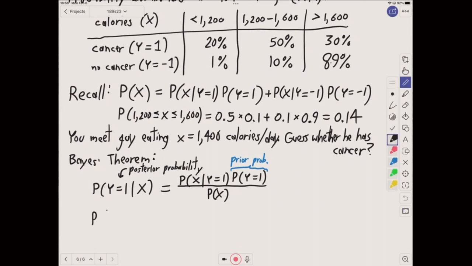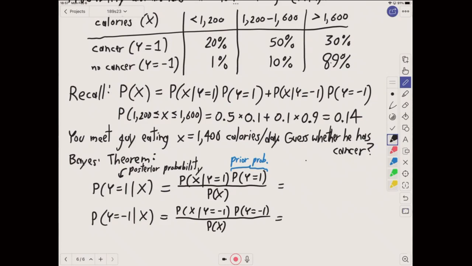So the probability that I don't have cancer, given a certain calorie intake, also a posterior probability, is computed the same way, except that I replace all the y equals 1s with y equals minus 1. And notice that both denominators are the same. That'll be important later.